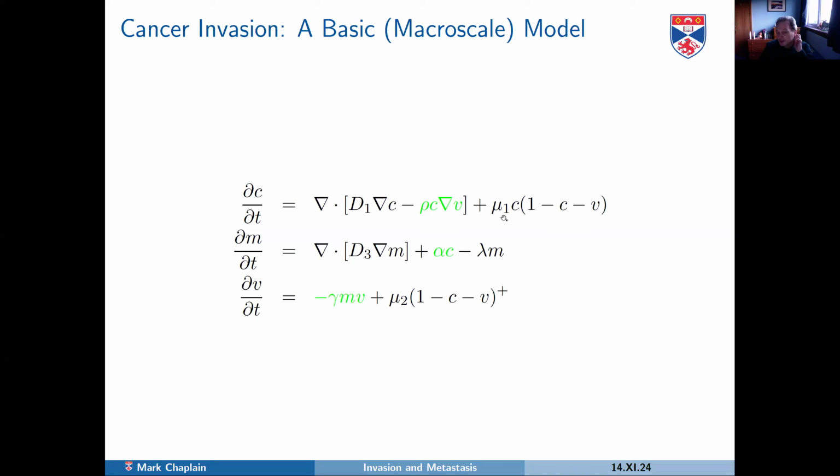And this is sort of logistic growth, acknowledging the fact that the cancer cells and the matrix are competing for space. And now, if you know your applied math and your math biology, you'll see that this is a sort of modified Fisher equation. There's the haptotaxis, but more or less you would expect a kind of traveling wave solution for this model if you start off with some initial data that's sensible.